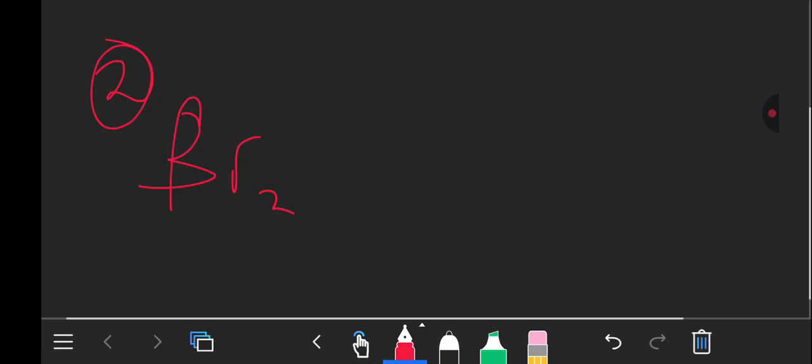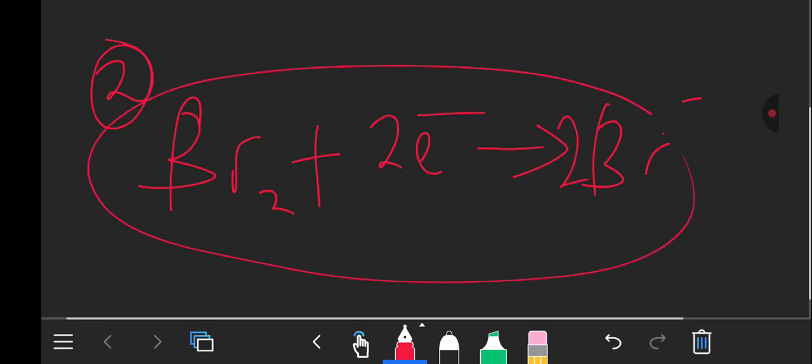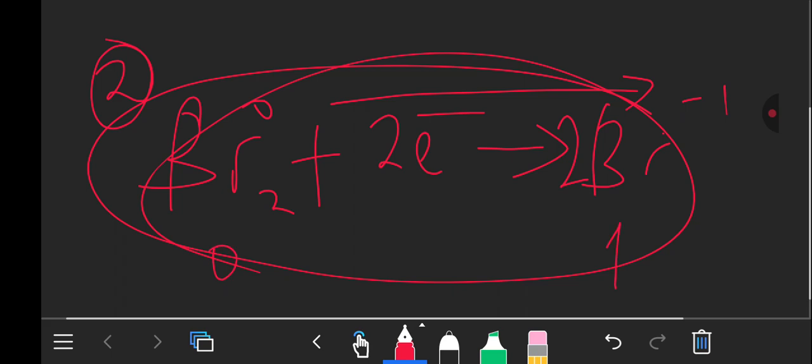Then this bromine atom is being reduced to bromide ion. So to balance this, we just add 2 on bromide ion. That is reduction. Why? Because the oxidation state of bromine here is 0, but it has decreased to -1. So here it is 0, there on the product is -1. So this is reduction.